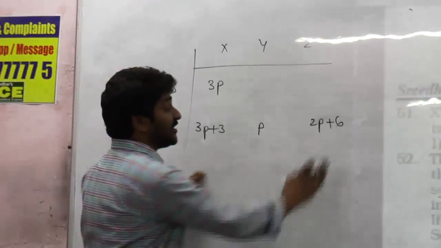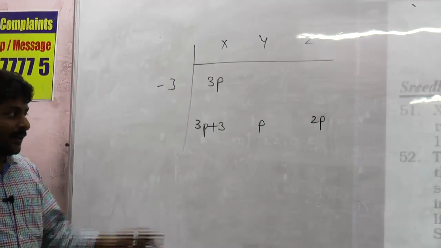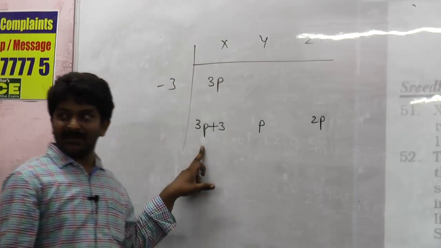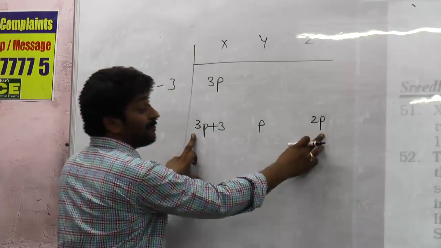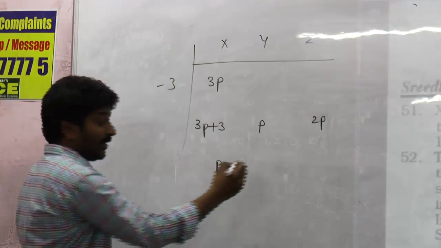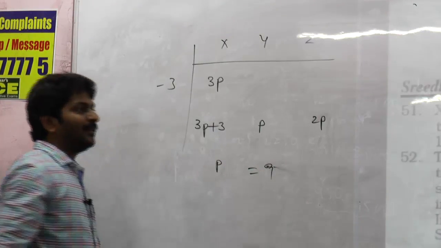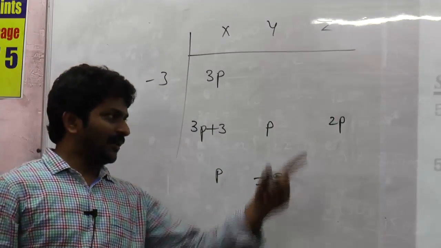At present Z's age is 2 times Y's present age, and the age difference between X and Z is given as 12 years. Difference between 3 parts plus 3 and 2 parts is P plus 3, which is given as 12. P is equal to 9. You are asked about Z's present age. 18 years.